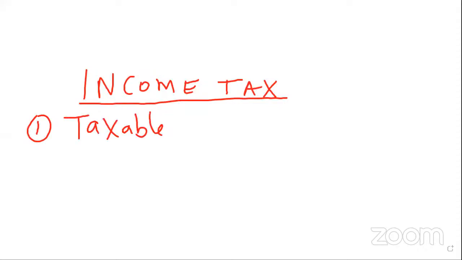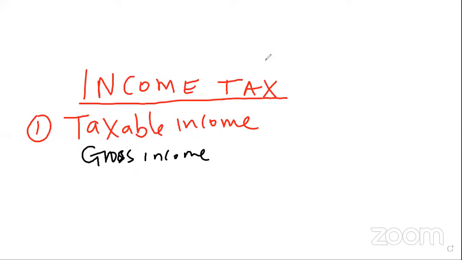Maybe we can look at the definitions first before we look at the question. What is taxable income? You agreed taxable income is simply the gross income.